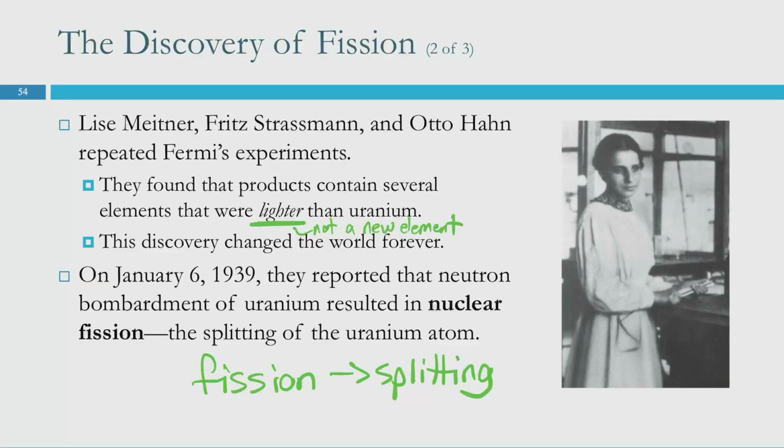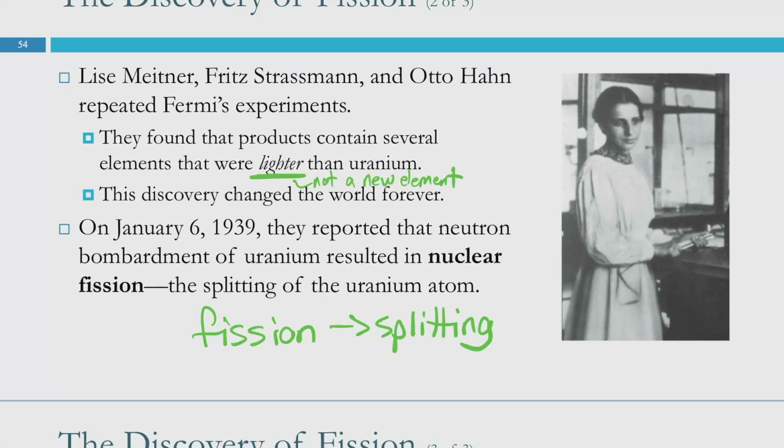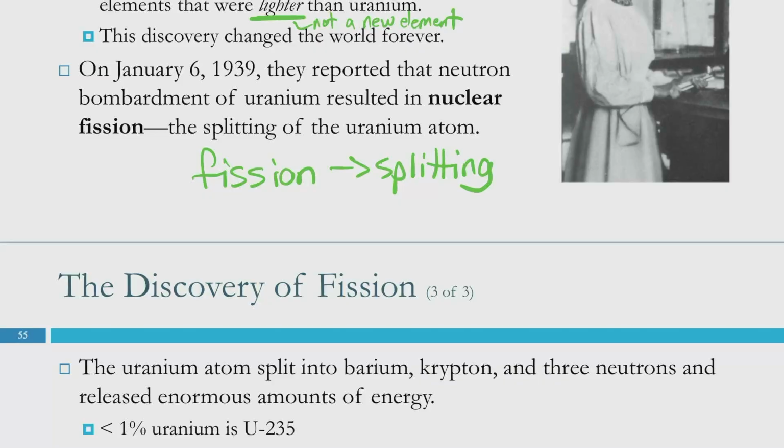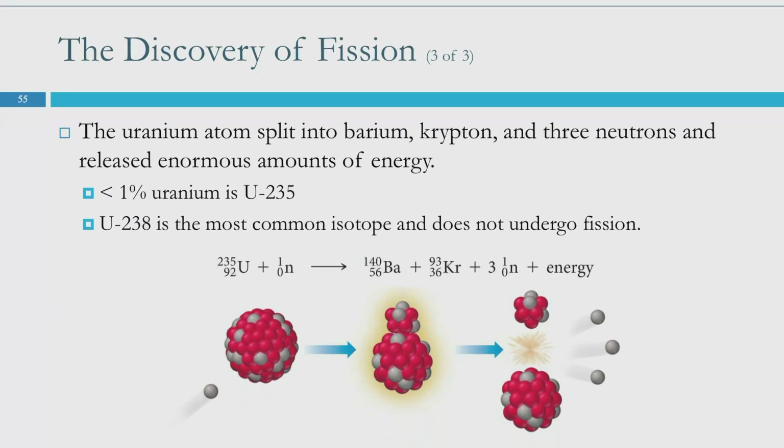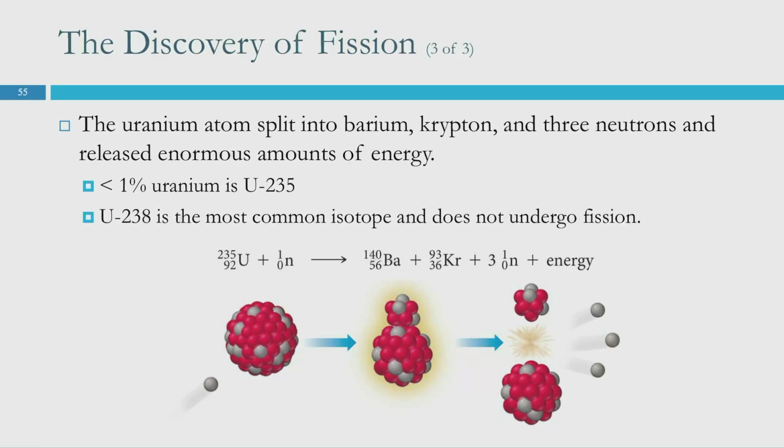So rather than incorporating that neutron into the nucleus, doing beta decay and bumping up 1 spot on the periodic table, the neutron hit the nucleus and broke it into pieces, which is the fission part. And as part of that splitting, there was beta decay that went on, which is what Fermi observed. So it split into barium, krypton, 3 neutrons, and lots of energy.